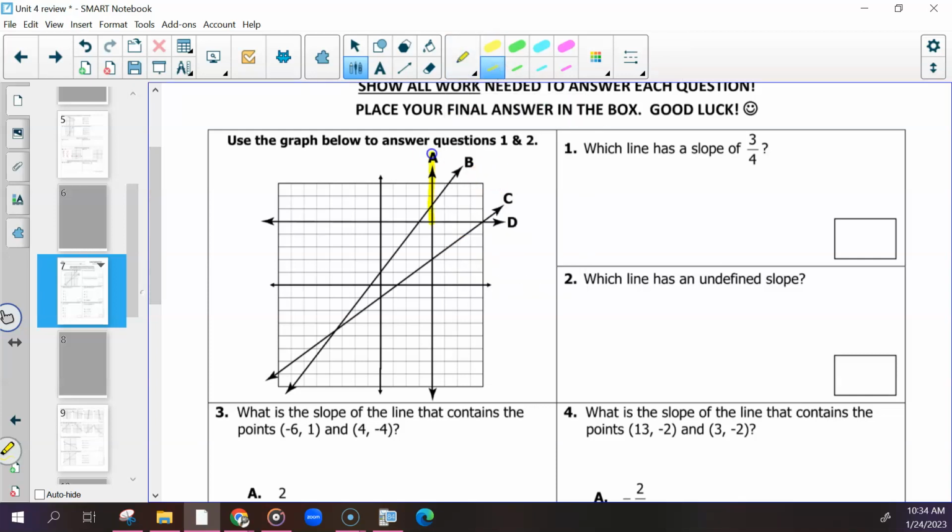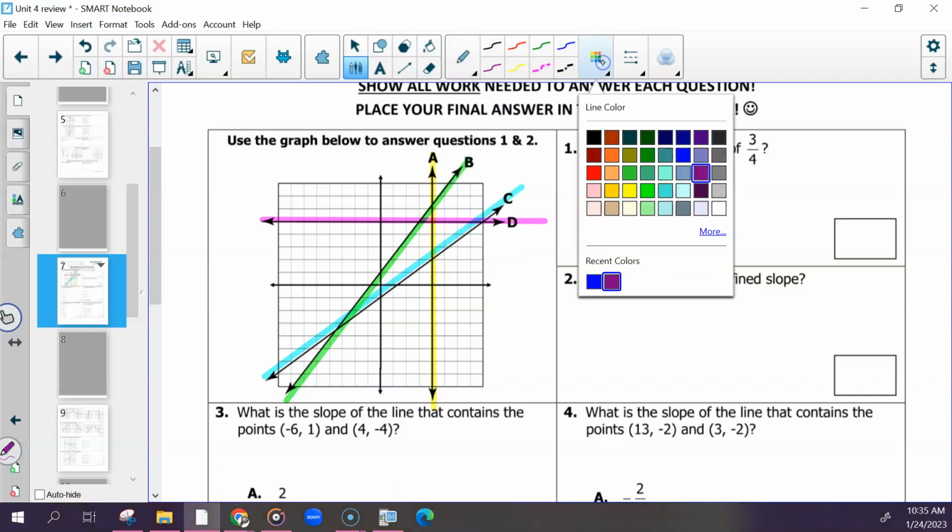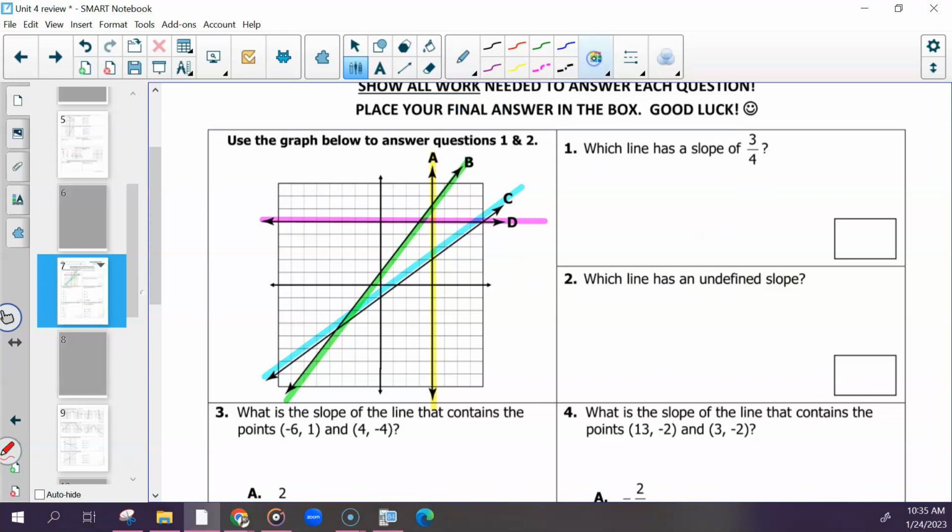So they have this line for A, this line for B, this one for C, and this one for D. It's asking which one has a slope of 3/4. So we know it's not going to be A or D. For the others, you'll need to count your slope and see which one it is.